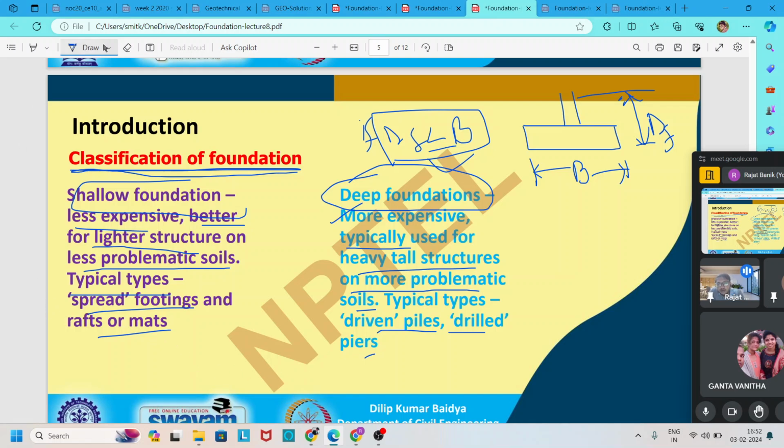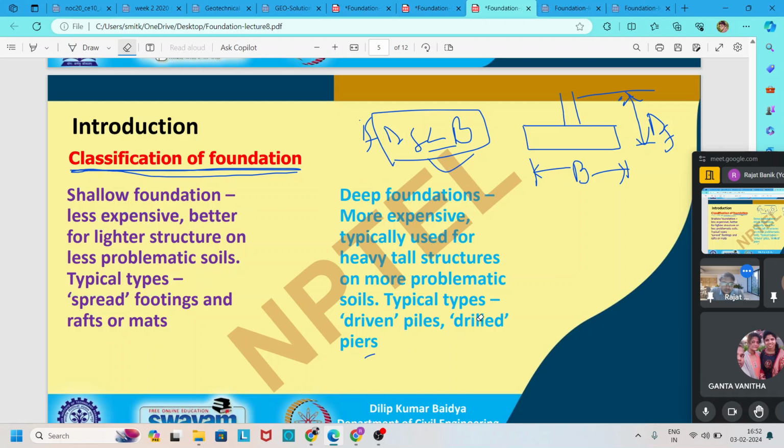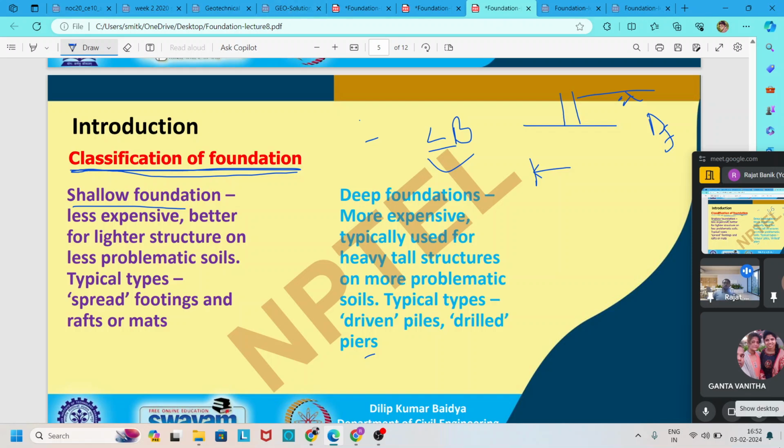For most residential buildings, we use shallow foundation because the building load coming from the structure is very light. Also, most residential buildings are built on less problematic soil.